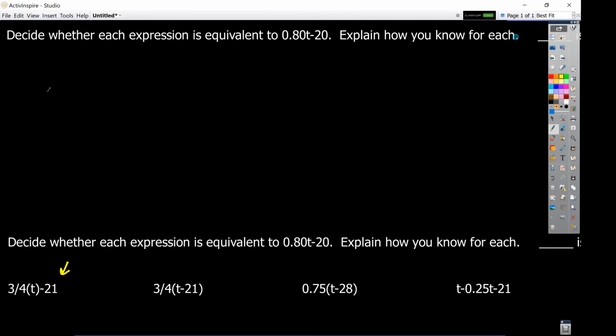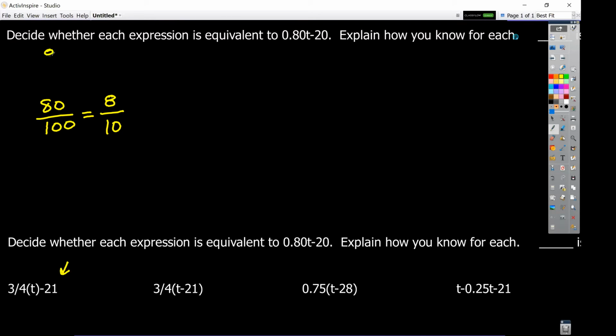So what we need to look at is the fraction version of 0.80. So that would be 80 over 100, but we want to simplify that a little bit down to 8/10.